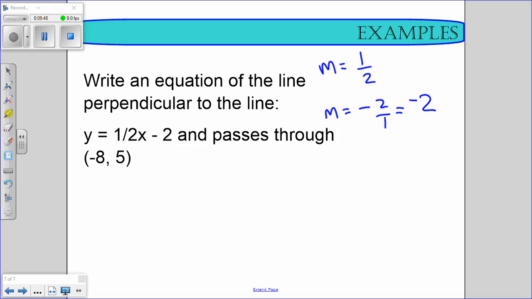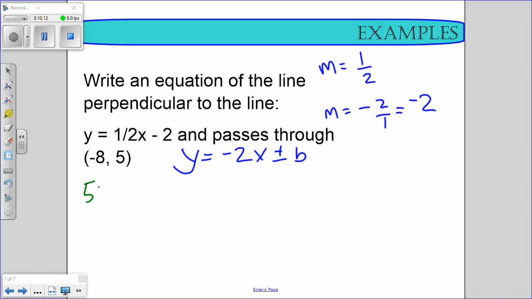So I know my final answer is going to be y equals -2x and then plus or minus b, possibly. Again, you can solve this either way, whichever one works best for you. So let's do it using slope-intercept.